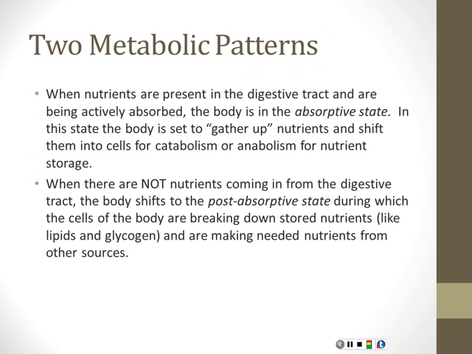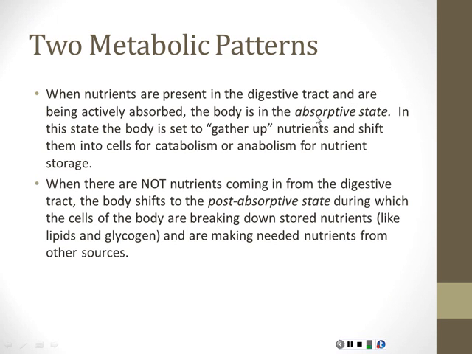Okay, so in the body, there's essentially two metabolic patterns that we encounter in regular normal life, and that's the absorptive state and the post-absorptive state. So, we eat. We eat 3 times a day, or even more often than that.